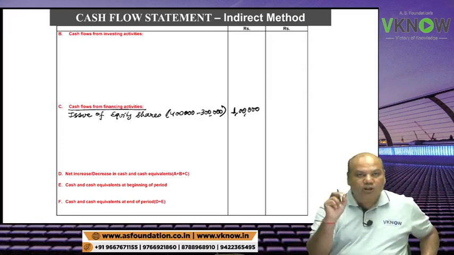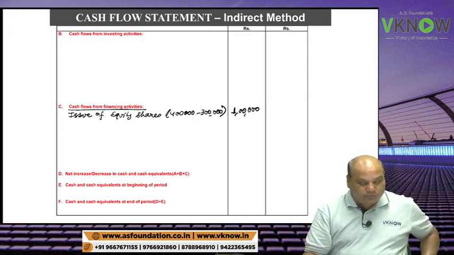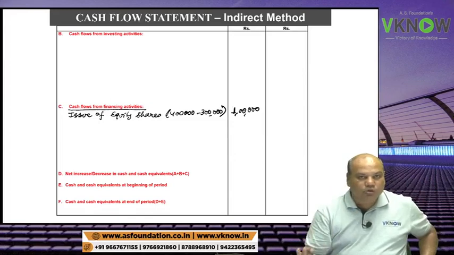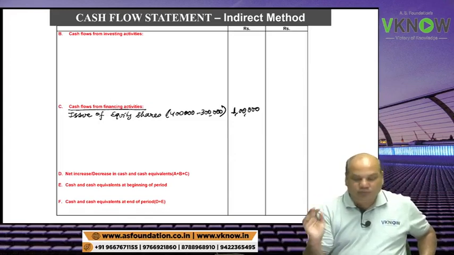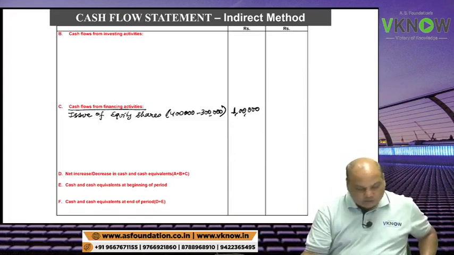And then when you look at the preference share capital, from 1,50,000 it has gone to 1 lakh. So redemption has taken place.